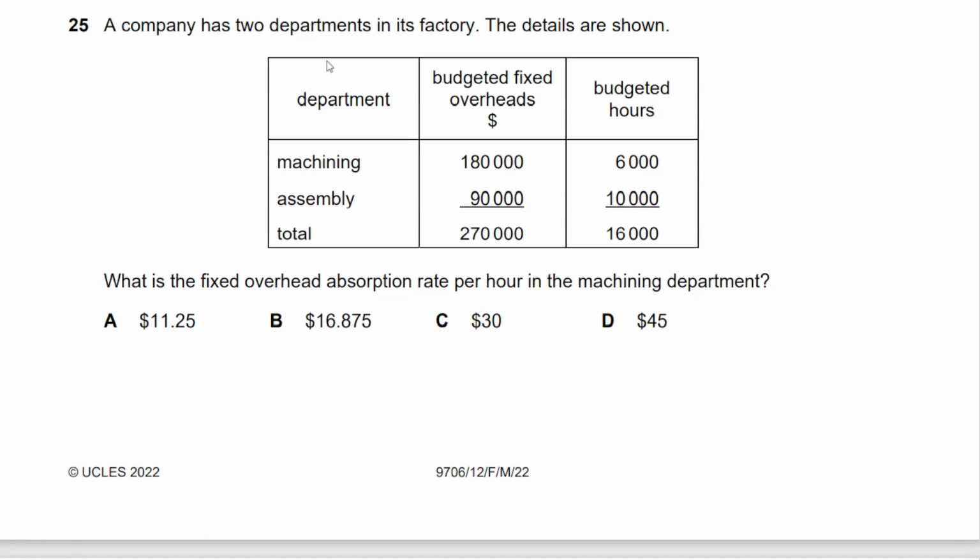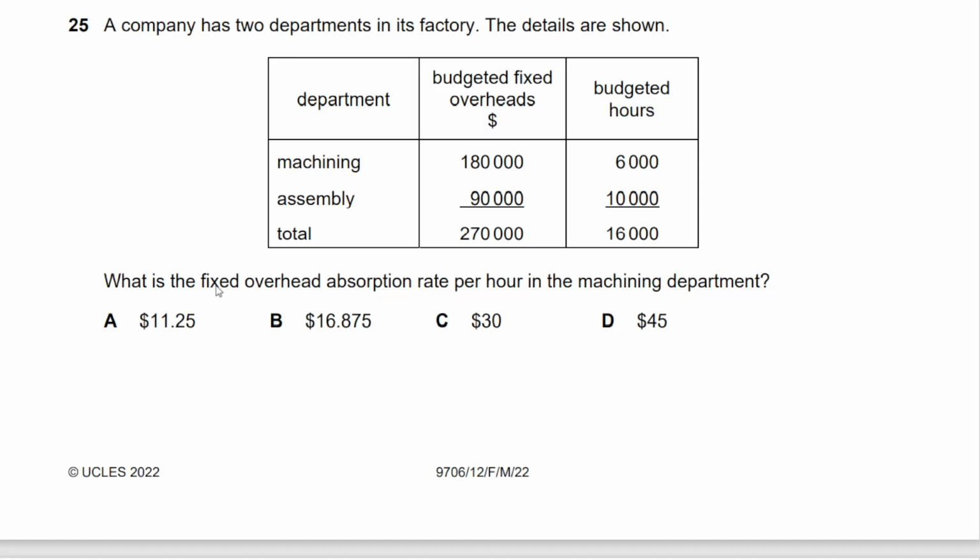25. A company has two departments in its factory. The details are shown. What is the fixed overhead absorption rate per hour in the machining department? In the machining department, the budgeted fixed overheads are 180,000. Budgeted hours 6,000.